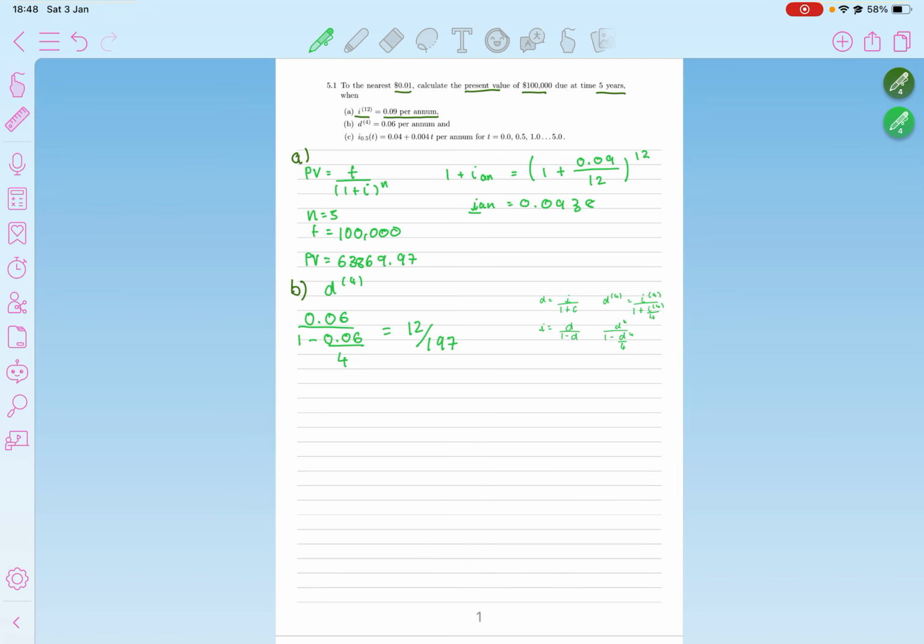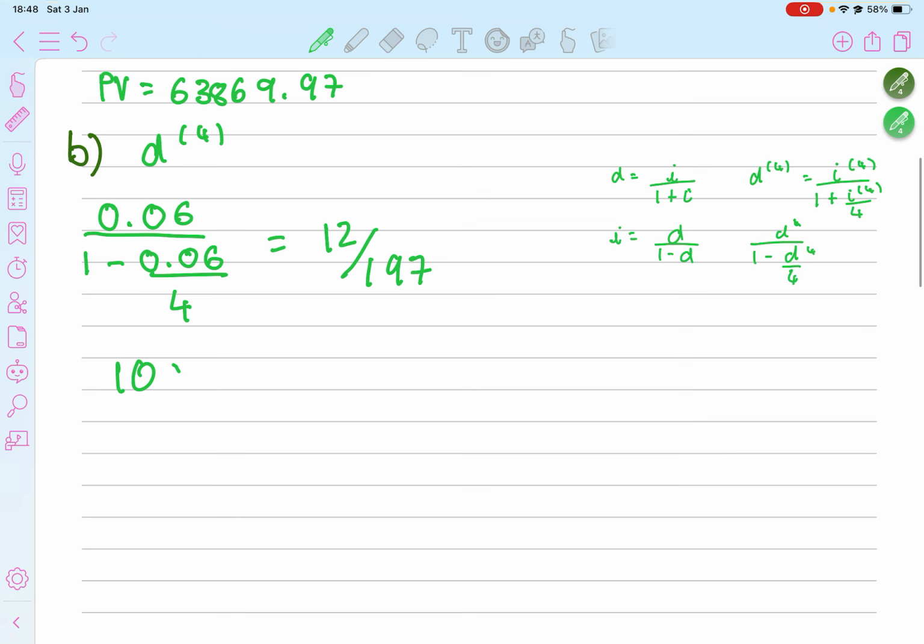And now we can just work this out the normal way, divided by 1 plus 12 over 197 to the 5 equals 7.